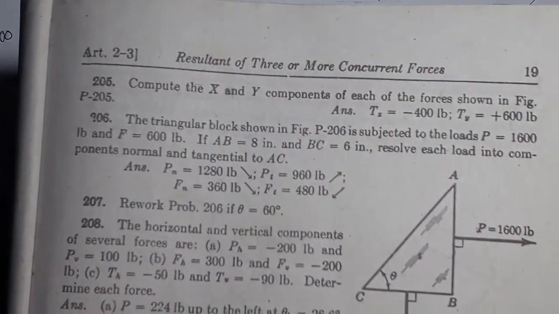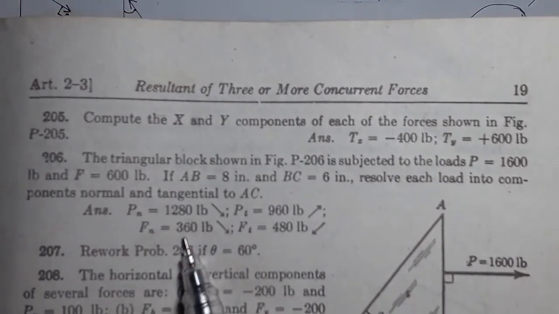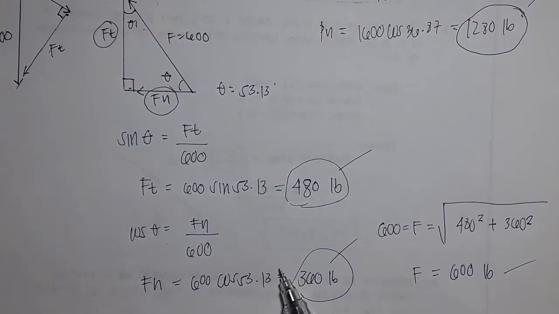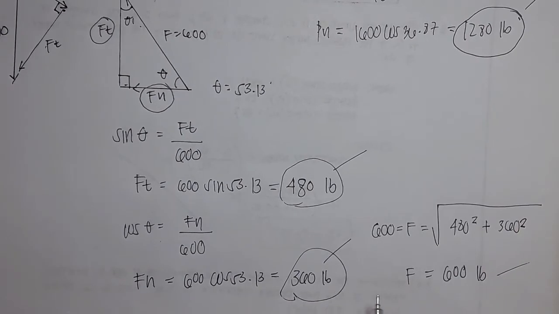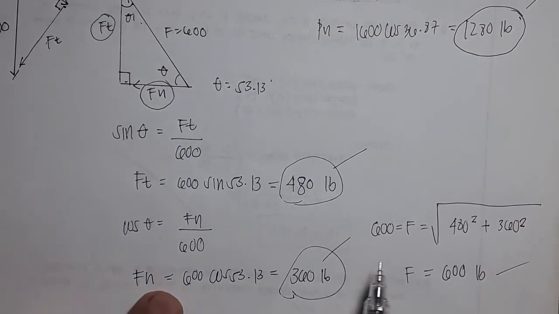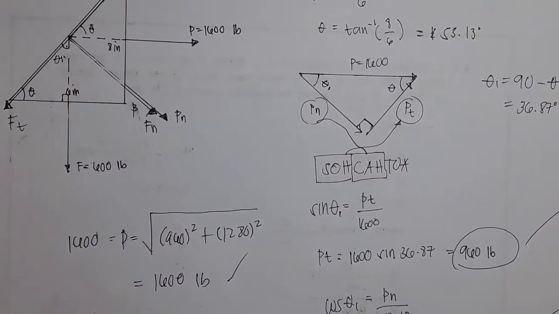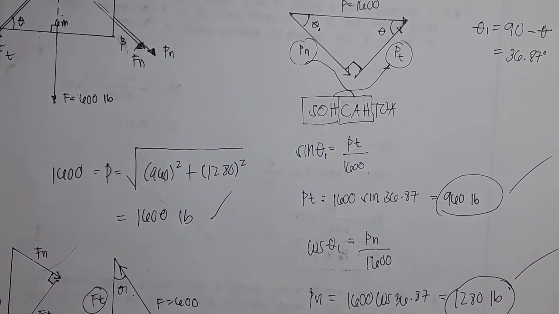So as you can see, 360 and 480 here. 360, 480. So 360 and 480, tangential and normal force components rather. So that's how you solve for the tangential and normal components of a load or a force.